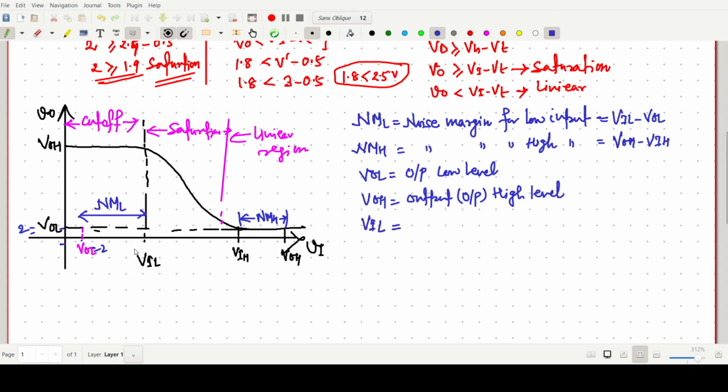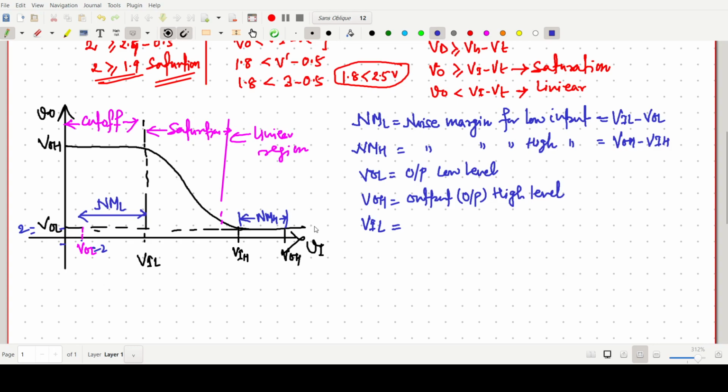First we have to think about VIL. VIL is the maximum input that will give the inverter output a logic high.